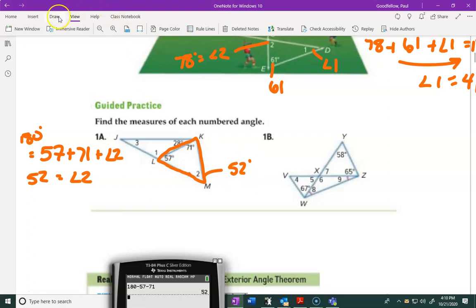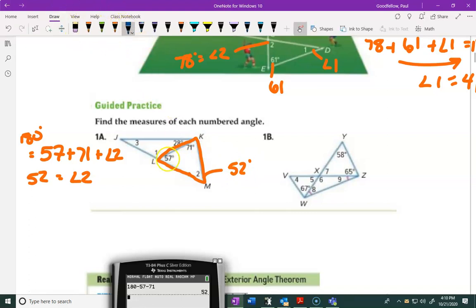Now, the one thing I want to point out in these is not only is it the little triangles that would have to add up to 180, but so does, and I really emphasize this, the bigger triangle right here. So any triangle that you could draw would have to add up to 180 degrees.